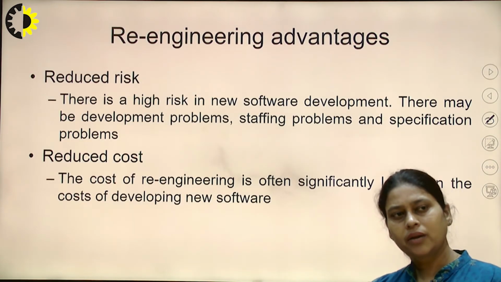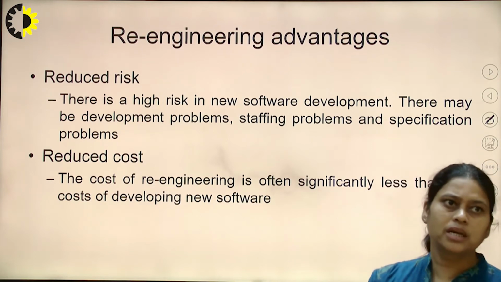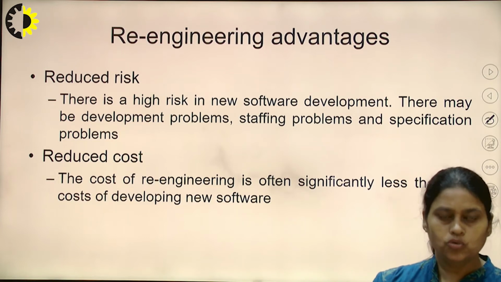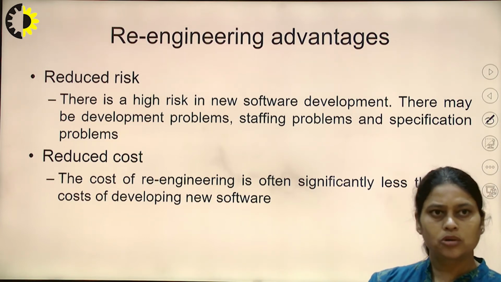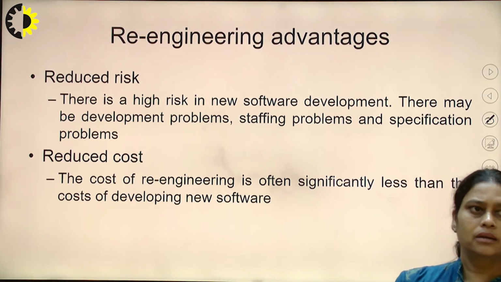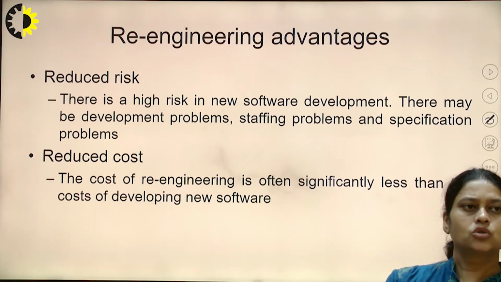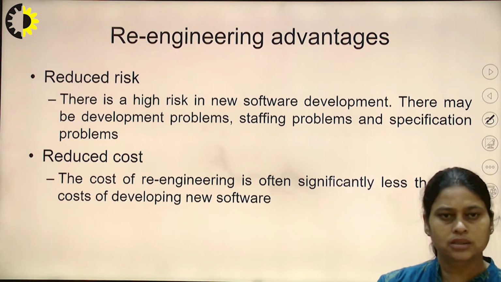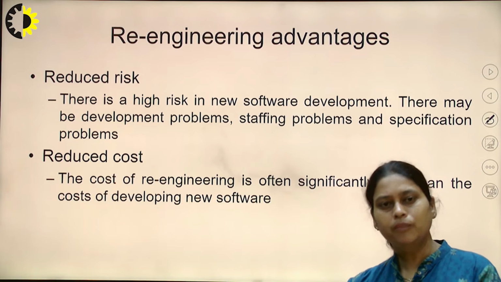What are the advantages of the re-engineering process? It will reduce the risk. There is a high risk in new software development, and there may be development process problems, staffing problems, and specification problems. We have to reduce these risks during the re-engineering process, and we can also reduce the cost of the maintenance phase.